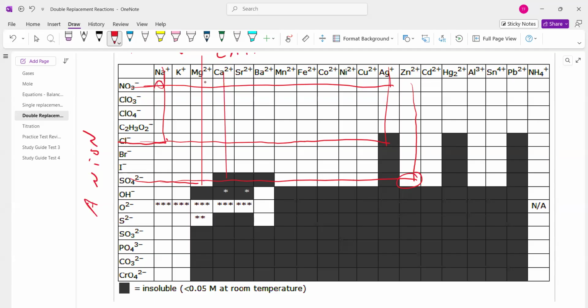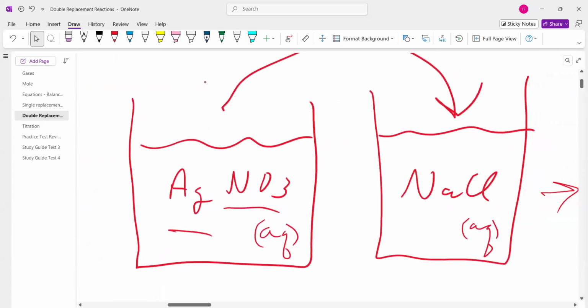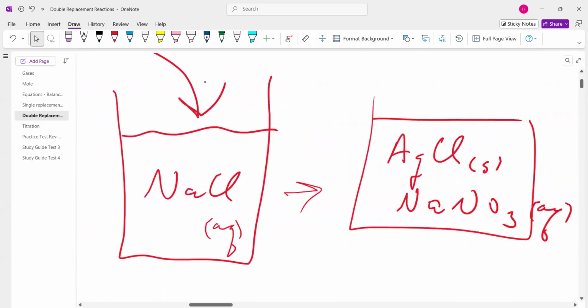So when we dump those two solutions together, we're going to get a solid. We can't tell from that table what color the solid is.